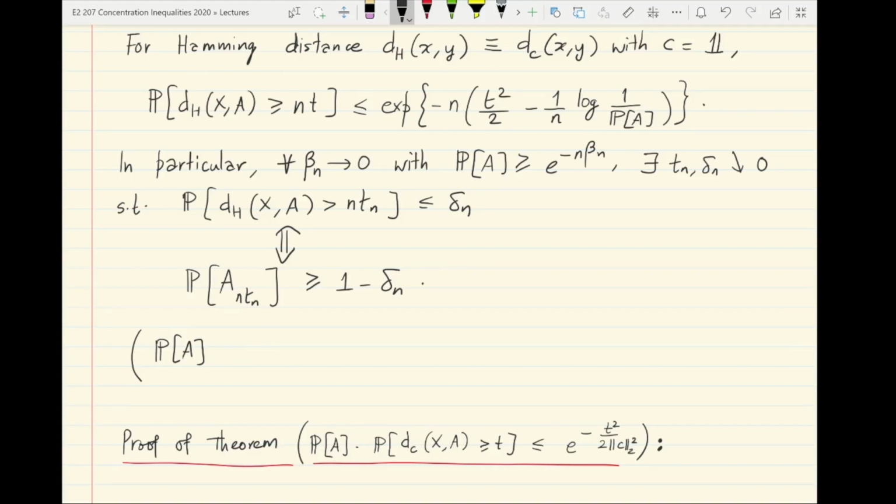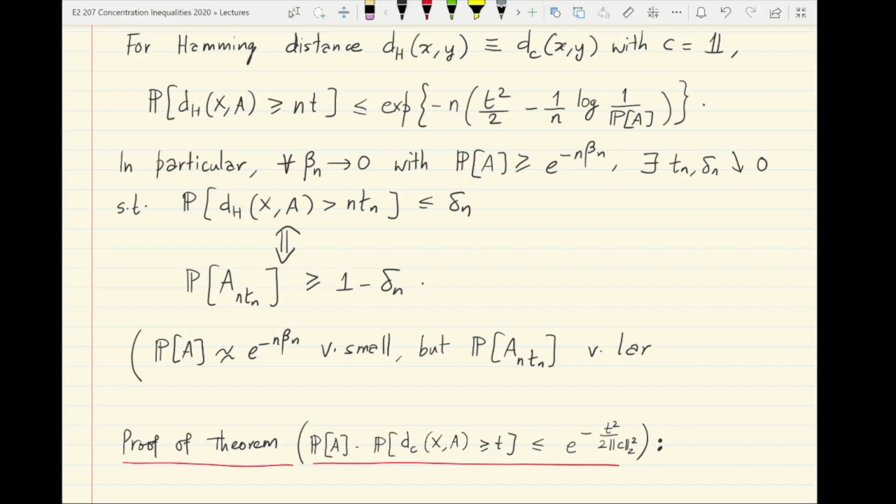So P of A is about e to the minus n beta n, which is very small. A can have a very small probability, but the probability of A enlarged by n Tn is suddenly extremely large.